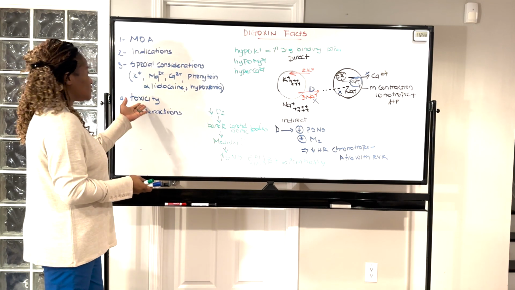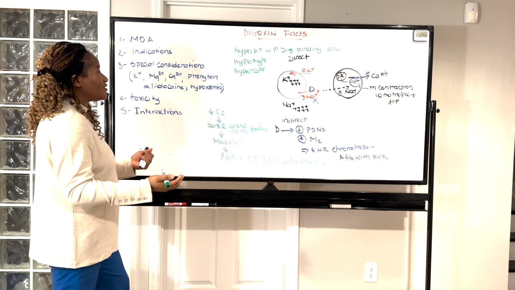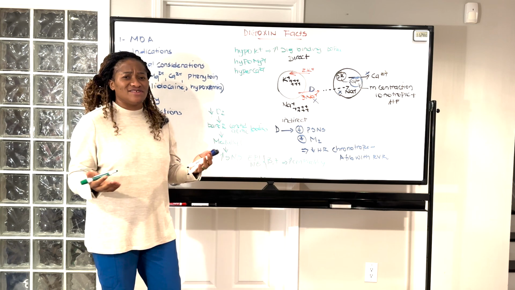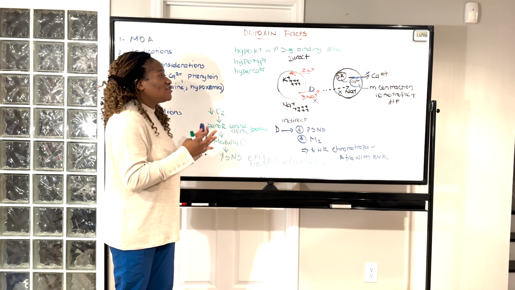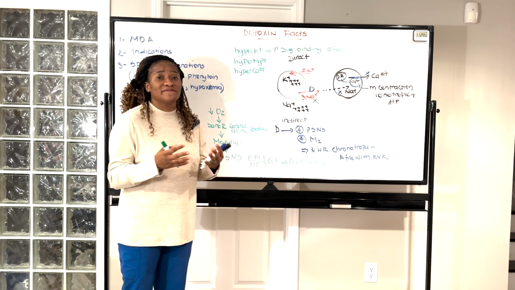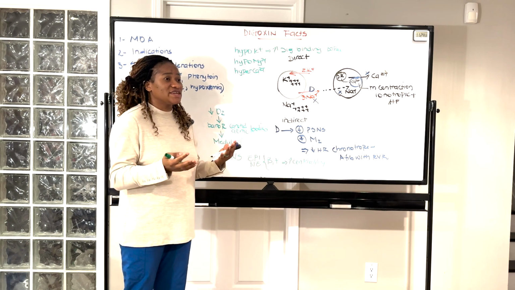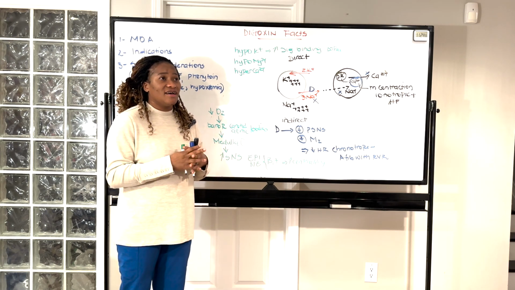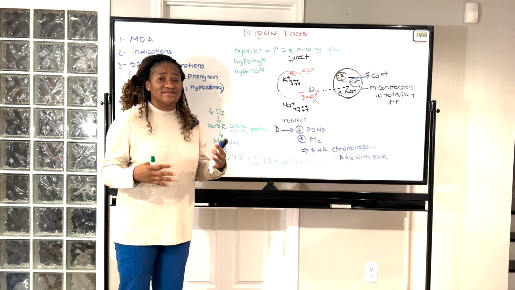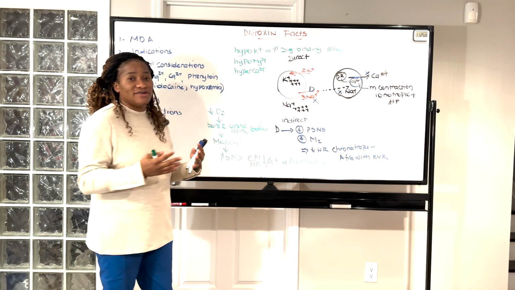Now let's talk about the toxicity. If you have a patient on digoxin, the early sign of toxicity is going to be GI. You're going to have your patient having nausea, vomiting, abdominal disturbances. These are the early signs.